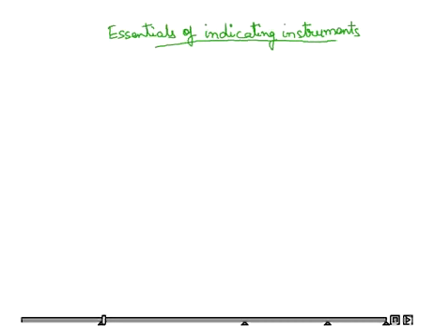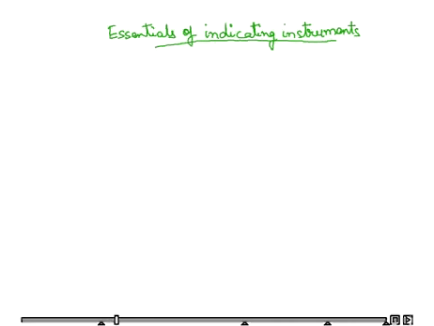Let's see the details of indicating instruments. We already know what indicating instruments are: they measure the quantity by indicating and deflecting a pointer. So indicating instruments consist of a pointer moving over a calibrated scale and attached to a moving system pivoted on jeweled bearing.